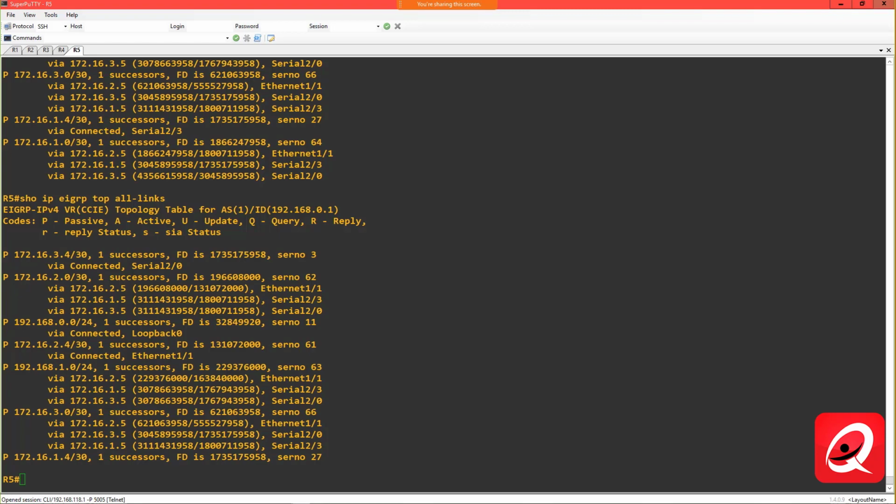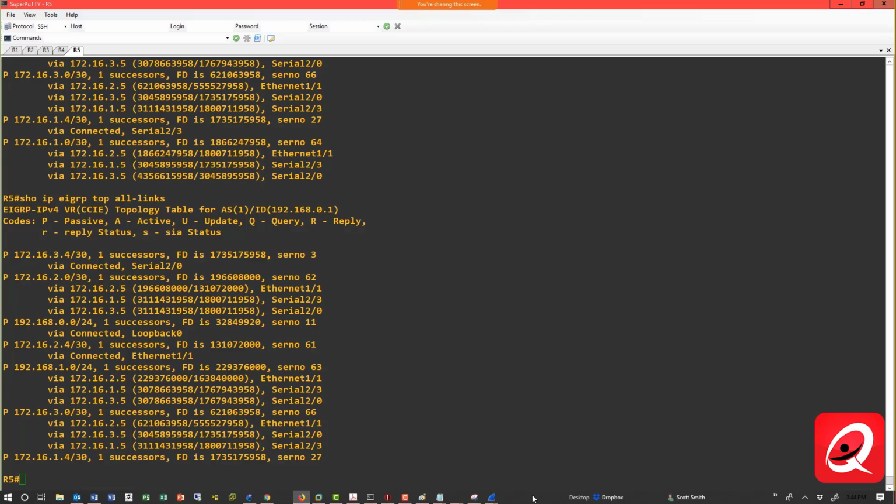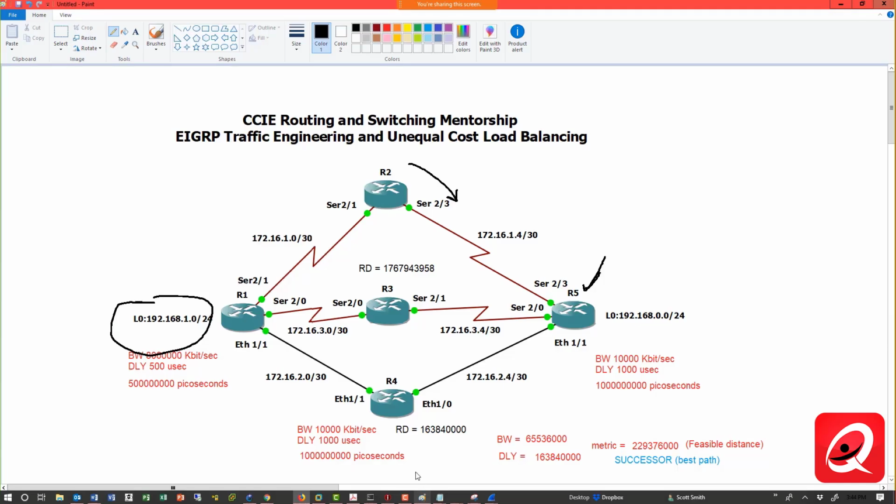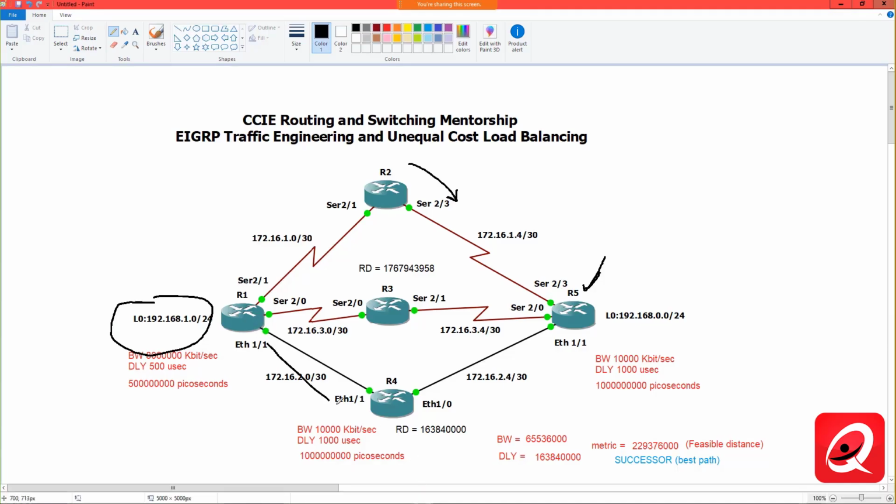All right. So the only other way that we have is to make the other path appear to be worse, so that it gets closer to whatever this path is. So we can just modify the delay on this interface to a certain value, and we can pick random values here, as long as this still is the preferred path in the end.